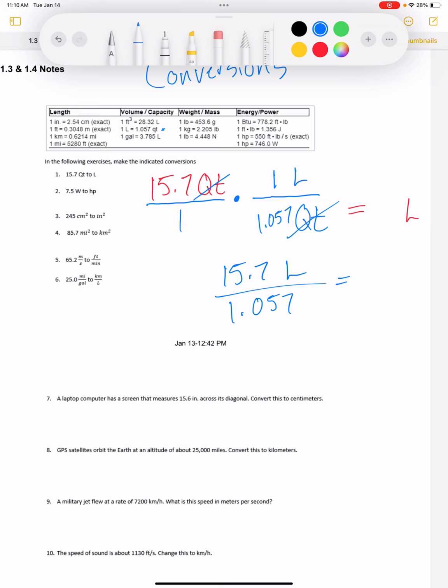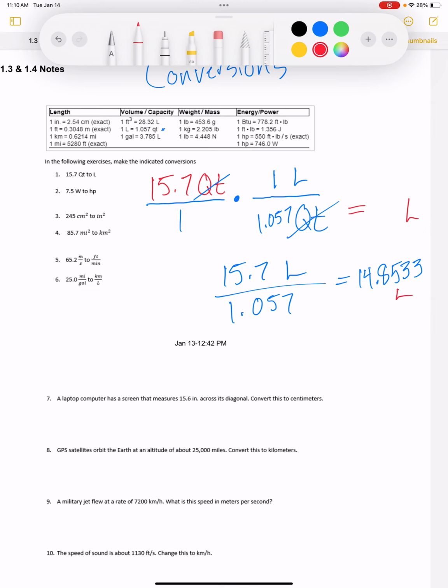So this just leaves liters as my only unit. And then I can say, all right, 15.7 divided by 1.057, and that gives me 14.853, right?